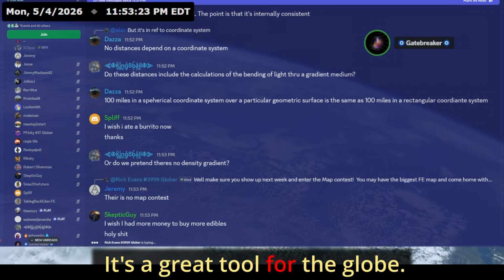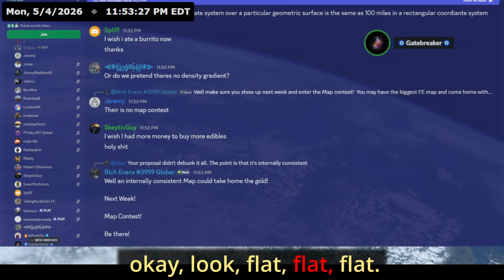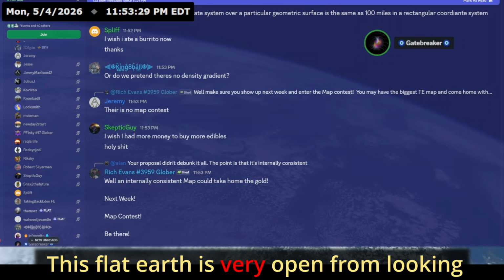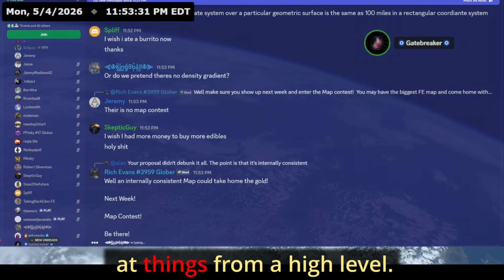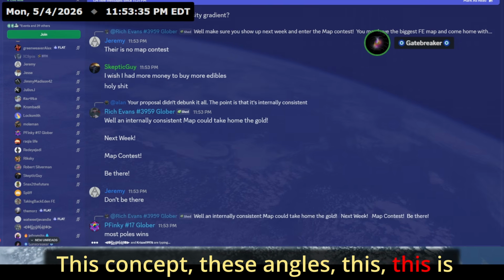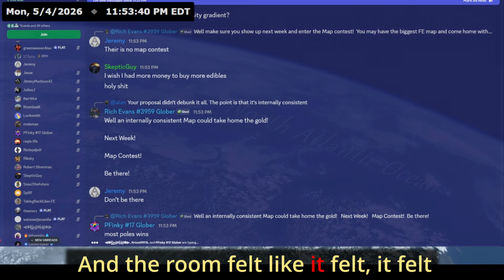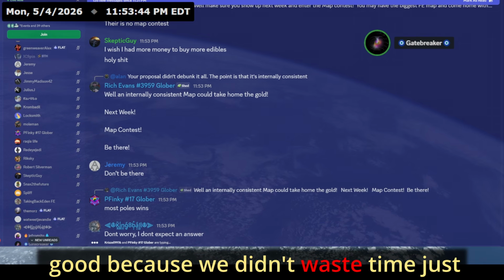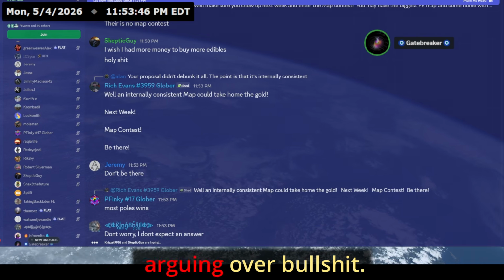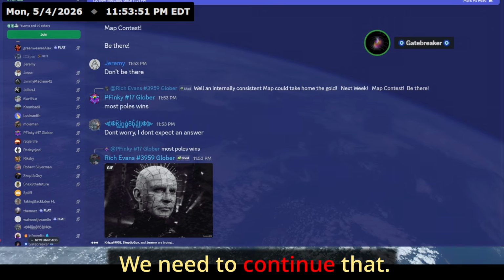It's a great tool for the globe, and the way he's presenting it, he's looking at flat earth from a high level. Okay, this concept, these angles, this is how it works in here, this is how it works in here. And the room felt good because we didn't waste time just arguing over bullshit. We need to continue that.